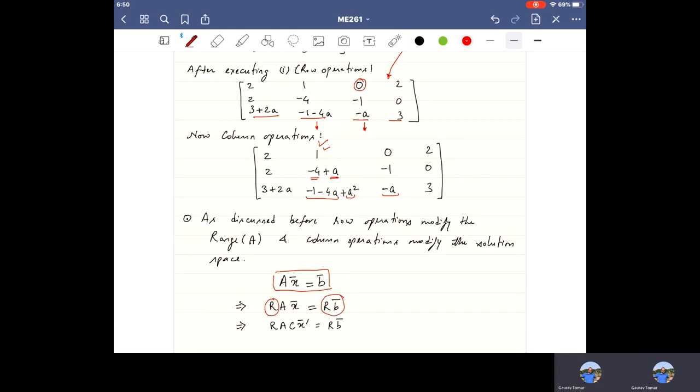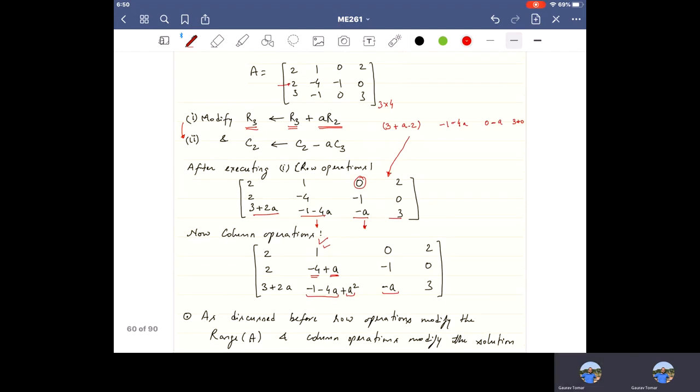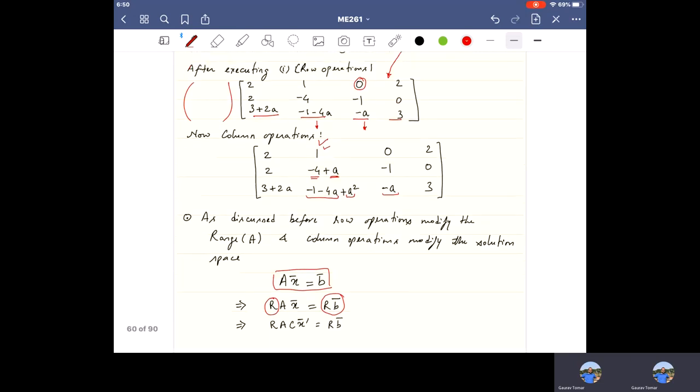Suppose we want to see these operations as matrix multiplications, that whatever we performed here, I can perform by multiplying A with a matrix. So you can write this as R of A, the matrix modified by row operations, will be equal to R times b, the same operations being performed on the right hand side.